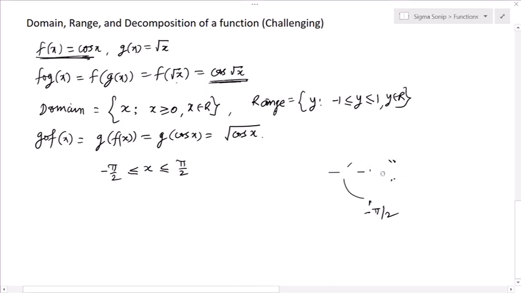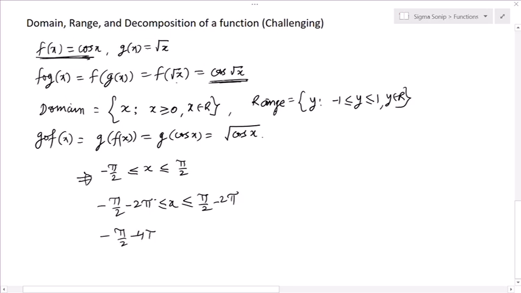We need to have more here. Since it's a periodic function, all these intervals will also be part of the domain. I need to go in both directions, negative as well as positive. So I have that as well, -4π instead of -2π, and so on.